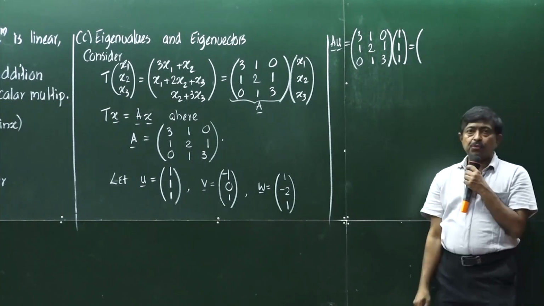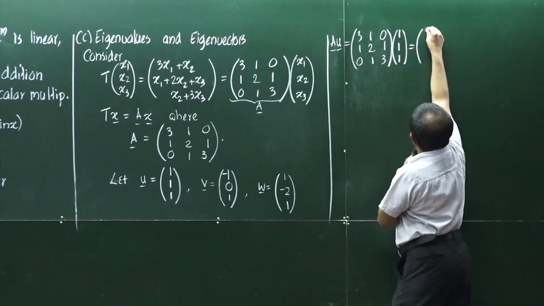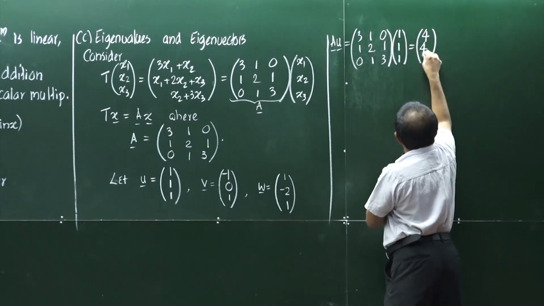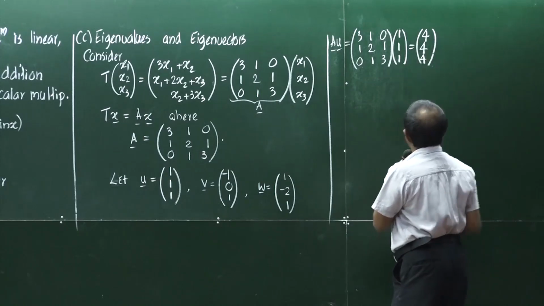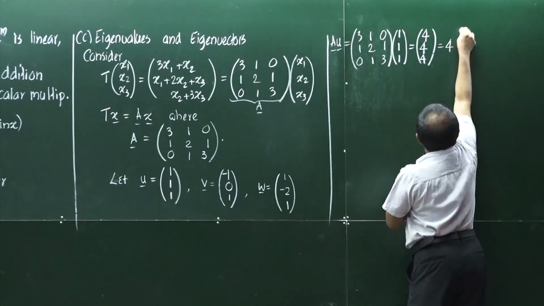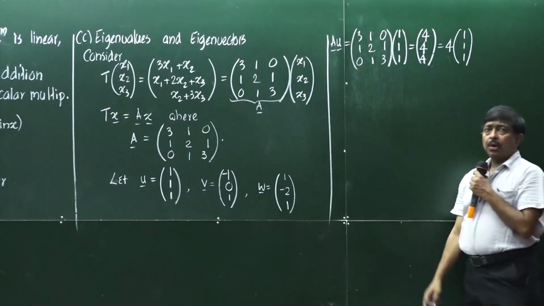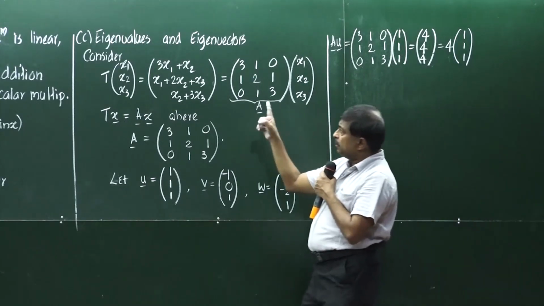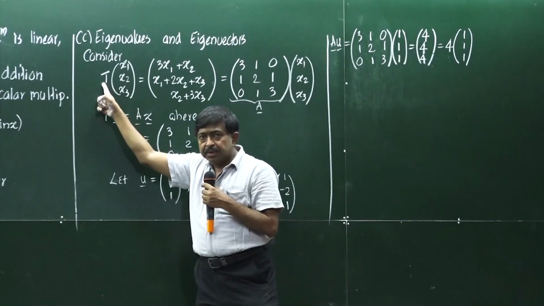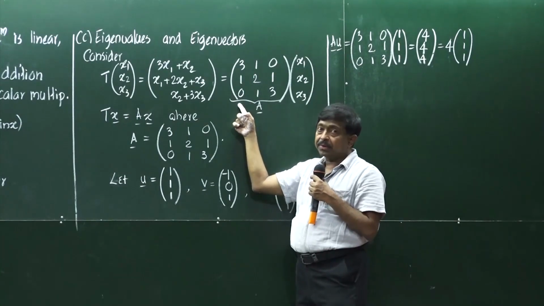What would you get if you perform the multiplication? 1 times 3, 3 plus 4, 3 plus 1, 4. 4. Now you can pull out 4. So now, look, here we saw that applying a linear transformation is the same as a pre-multiplication by a matrix.